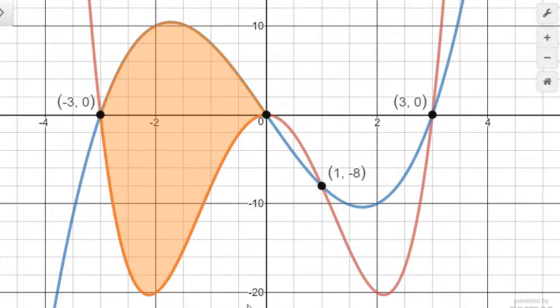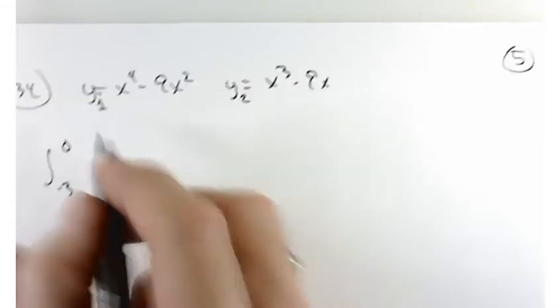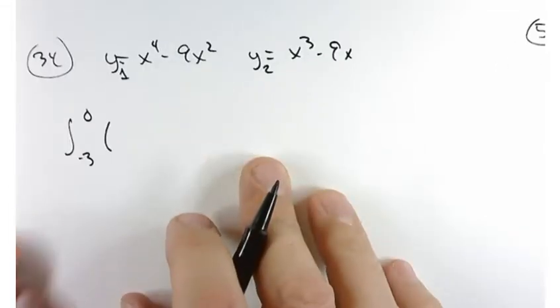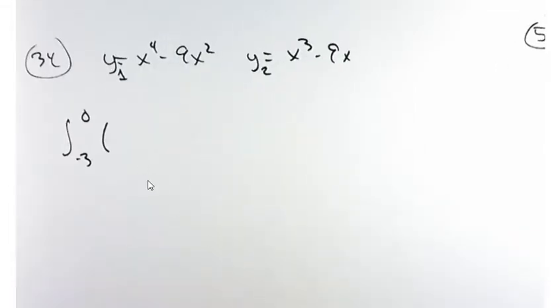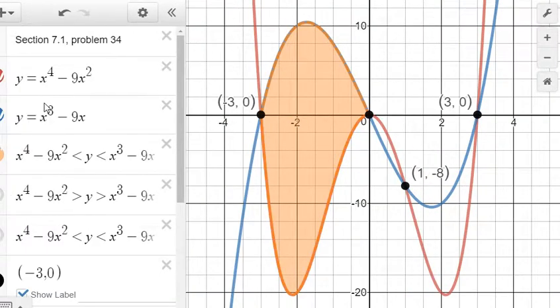So let's do that. -3 to 0. And what was the top function? Was it y1 or y2? Top function, yeah, it's y2. So it's going to be y2 minus y1.